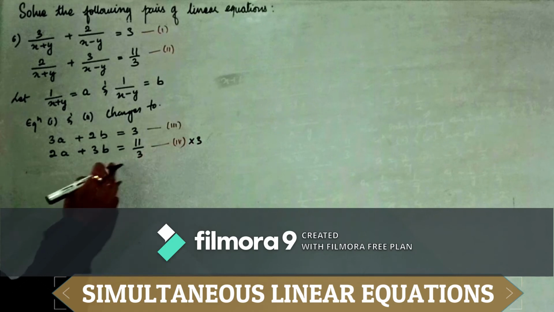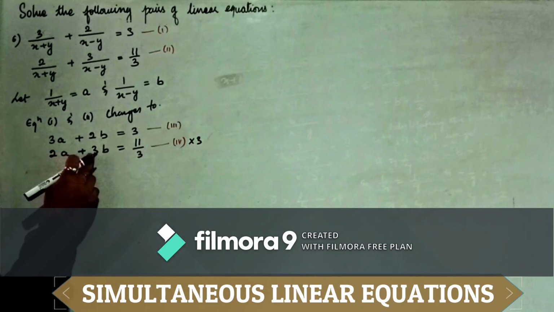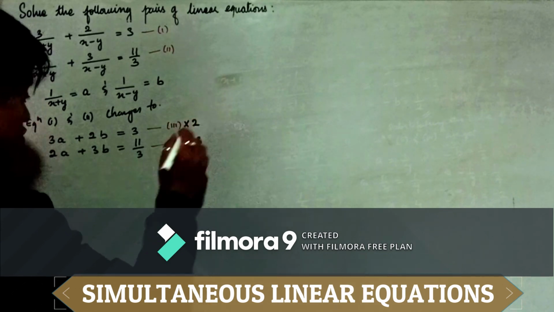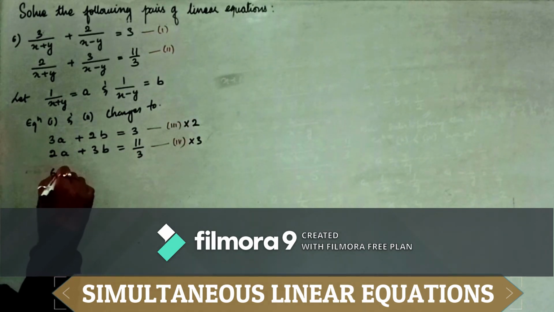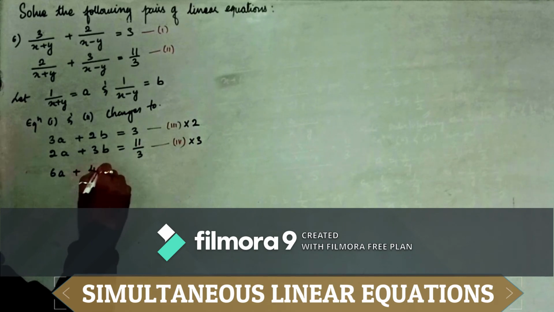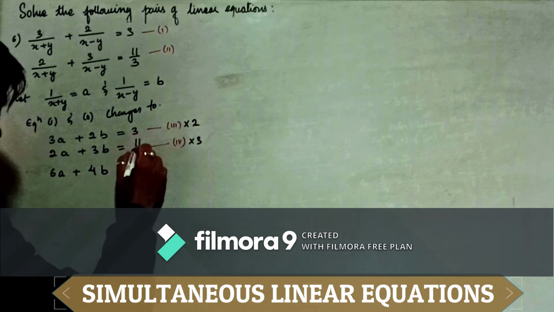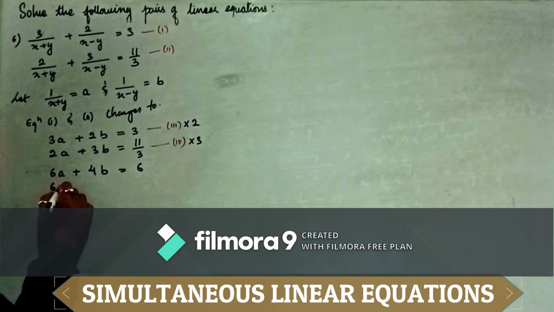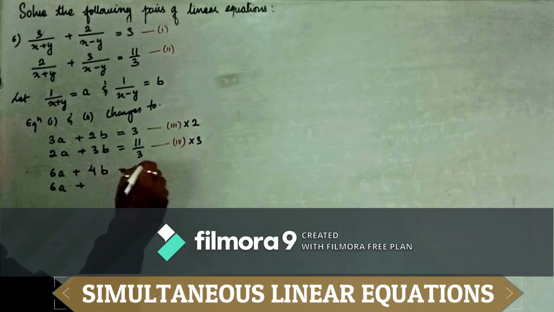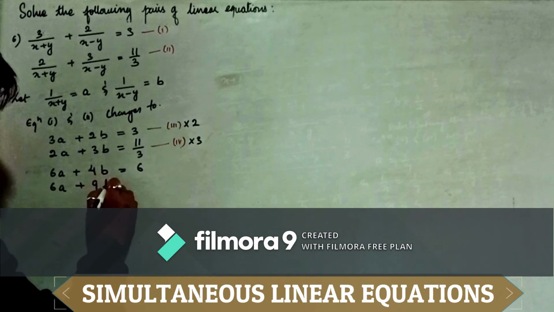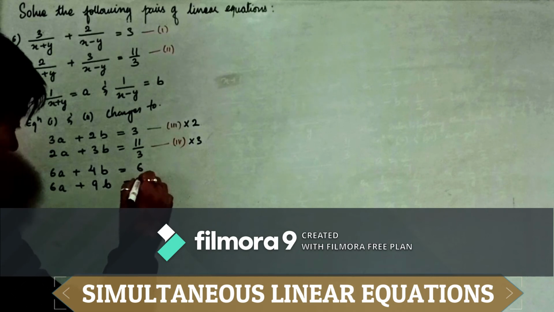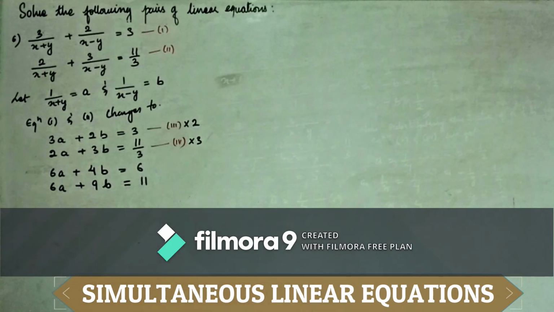If we multiply this with 3, this will become 6, this will become 9. To make this 6, we can multiply this with 2. 2 3s are 6a plus 2 2s are 4b equals 2 3s are 6. 2 3s are 6a plus 3 3s are 9b equals, if you multiply this by 3, the 3 and the 3 will get cancelled, here we will have only 11.